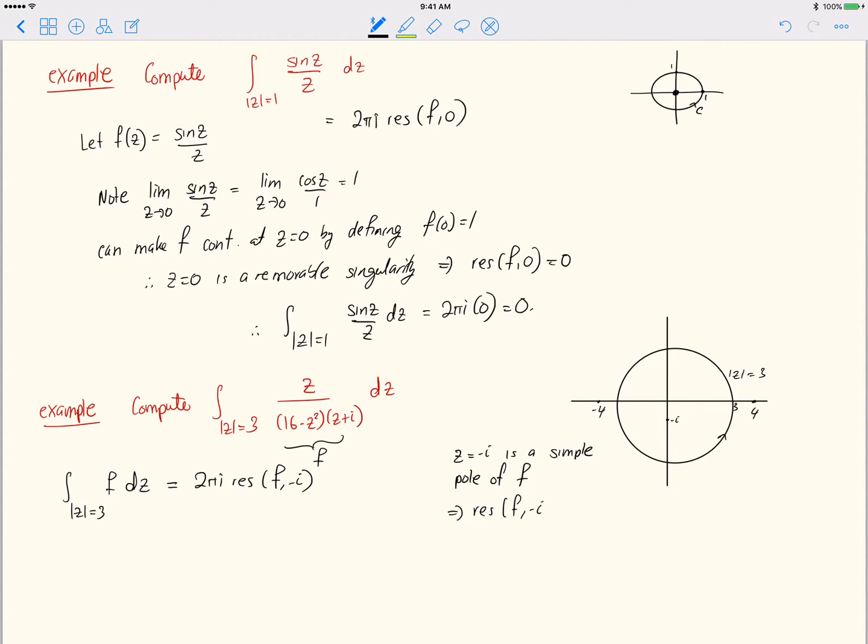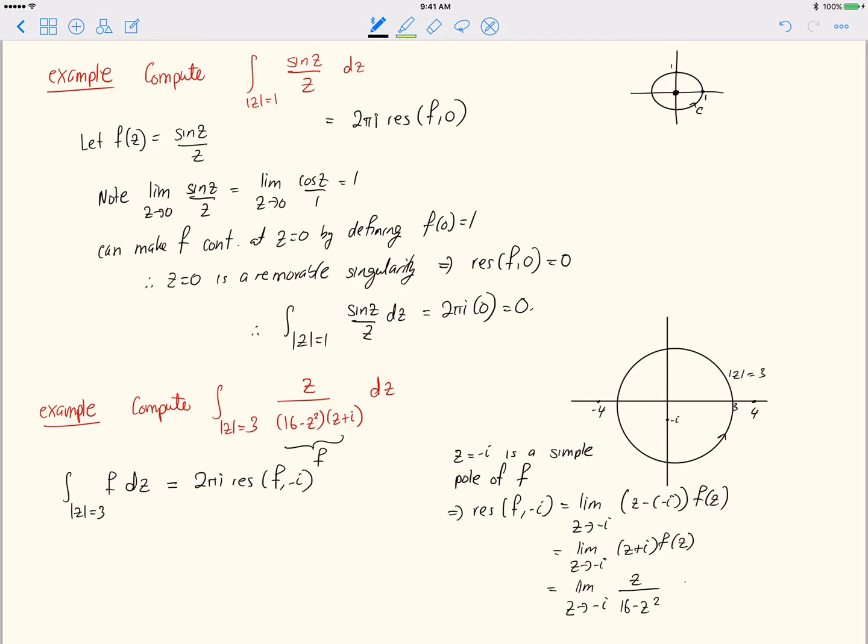The residue of f at negative i equals the limit as z approaches negative i of (z minus negative i) times f of z, which is the limit as z approaches negative i of z on (16 minus z squared).